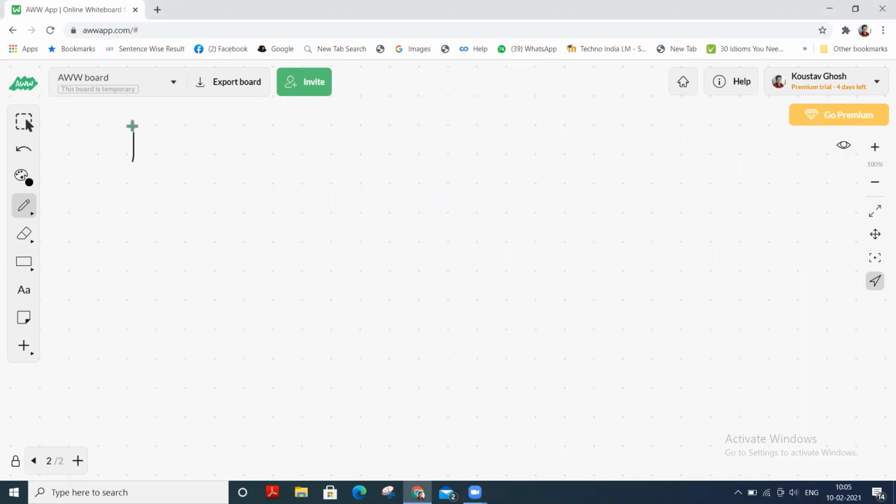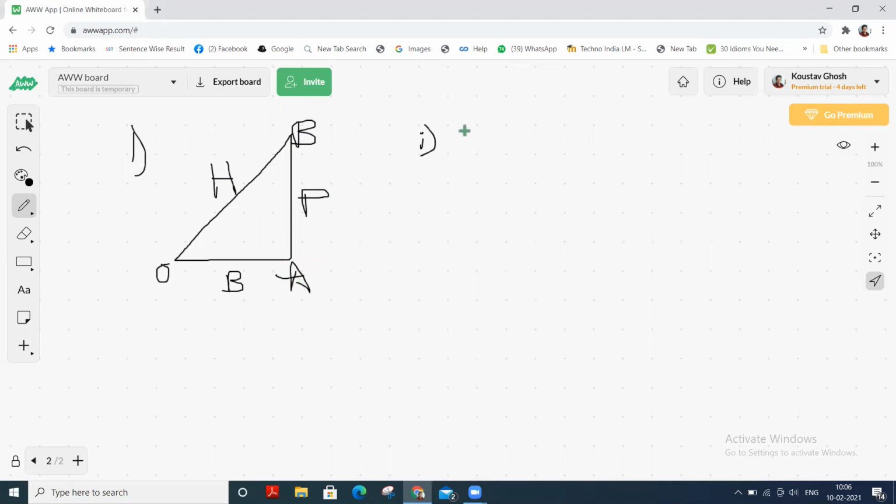First of all, let's assume a right-angled triangle. This is O, A, and this is B. It has the hypotenuse, the perpendicular, and the base. First, you have to remember that sine B means this angle.